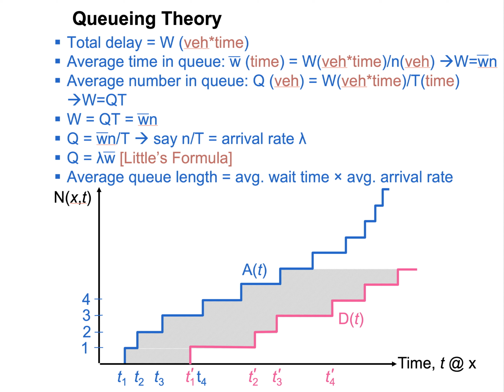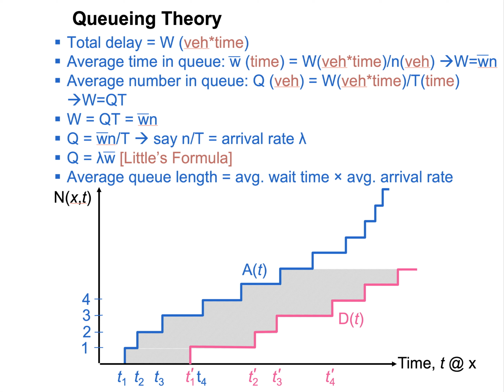And if you rewrite that equation, you obtain W equals capital Q times capital T, which is equal to lowercase w bar times n, as we just found in the line above. So we can say that capital Q equals Wn divided by T. And sometimes we call n over T, which is essentially the flow, number of customers per time, as we talked about before, an arrival rate, and it's often notated as lambda.